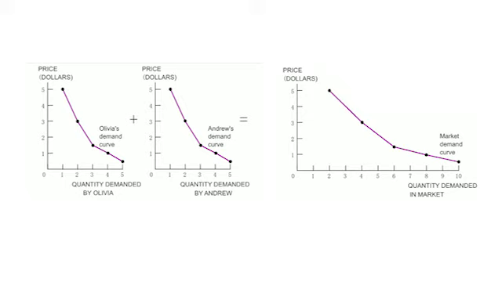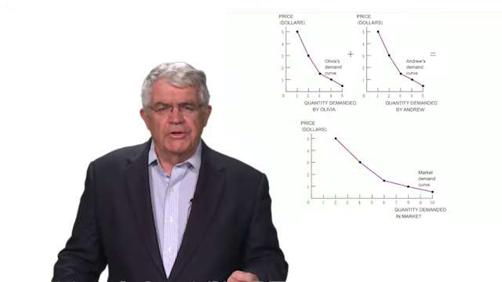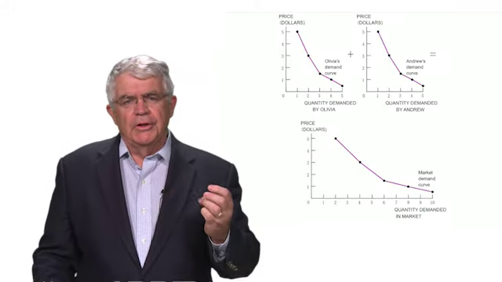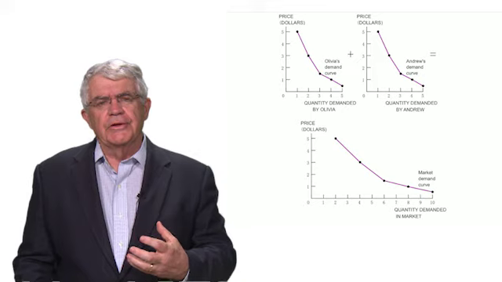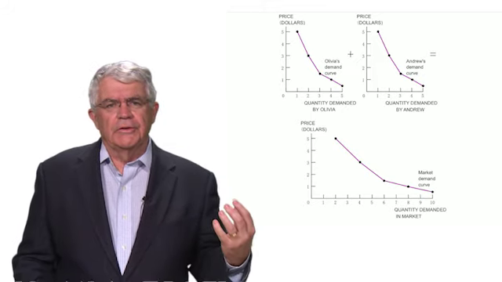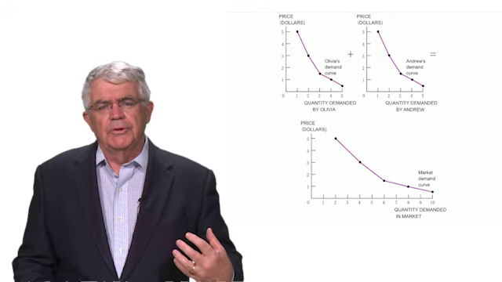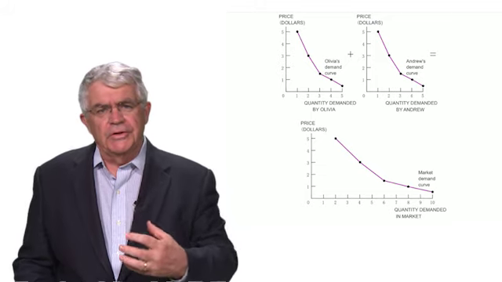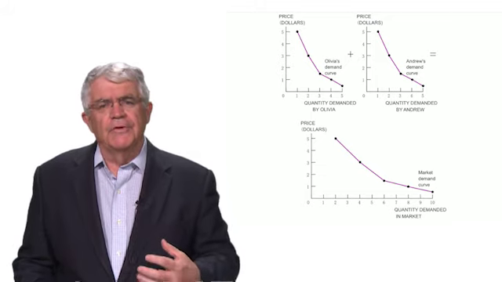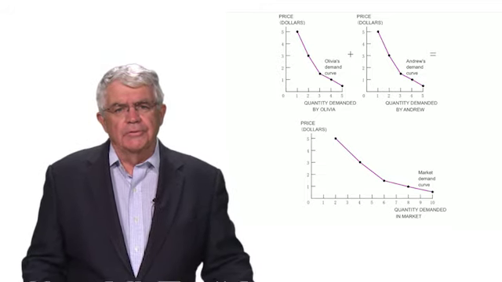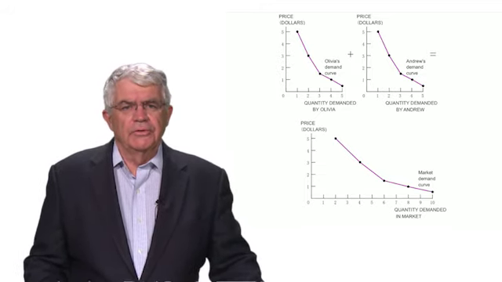But clearly you can do the same thing by having Olivia and Andrew and Cynthia and many other people as well. So what we've done now is, starting with the idea of the benefit and the marginal benefit of a good, the idea of the consumers trying to do the best they can in the market, they will set their marginal benefit equal to the price. We'll get the demand curve for each individual, and from that we compute the market demand curve, and that was our objective in the first place.